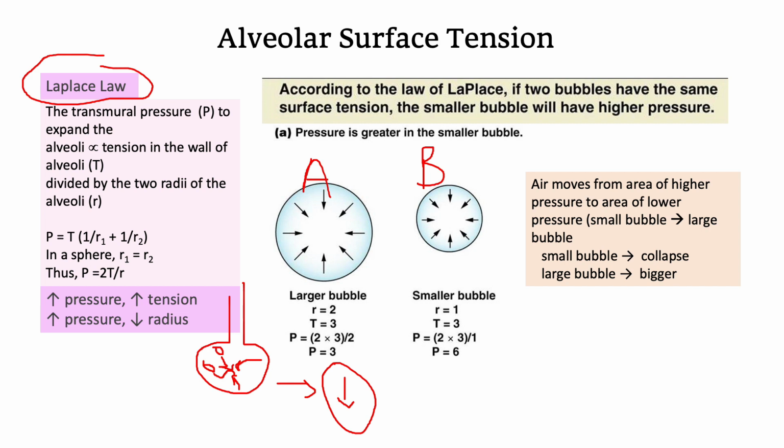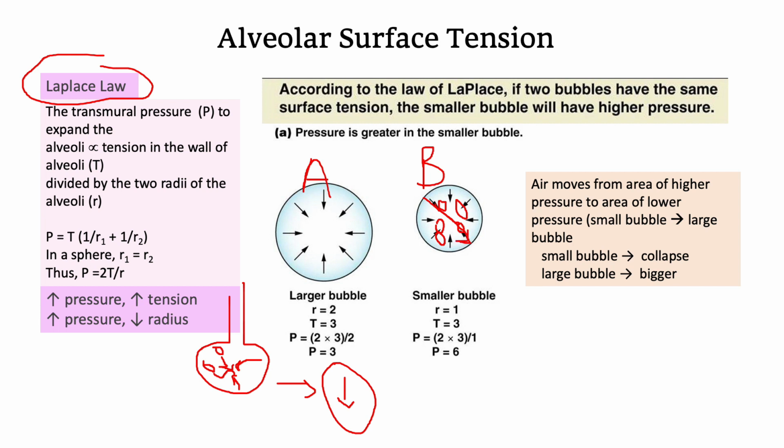So in the smaller alveoli, there is pulling of the water molecules. Remember, the water molecules tend to stick with each other, so they pull the alveoli to the center, and the alveoli become smaller because the radius becomes smaller.